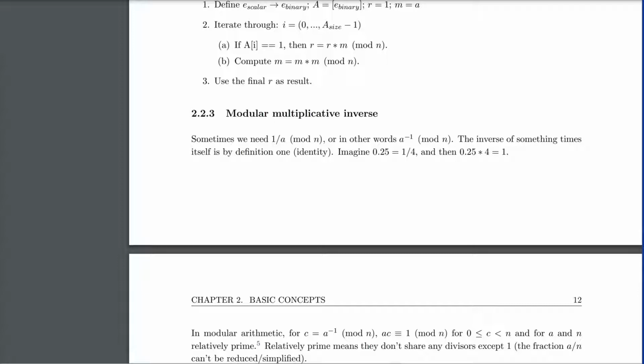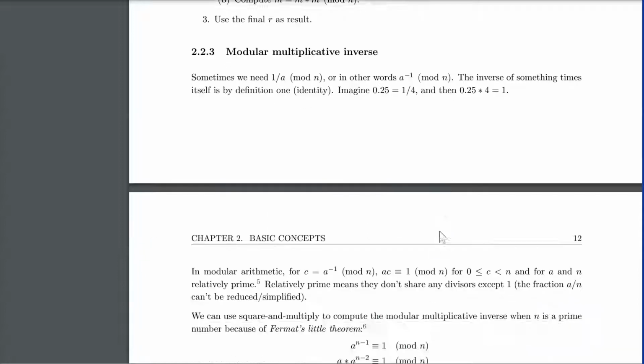We use this handy definition of the inverse: when you take something and multiply it by its inverse, you get 1 as the result. So 4 times 1/4 is equal to 1. 5 times 1/5 is equal to 1. 10 times 1/10 is equal to 1.